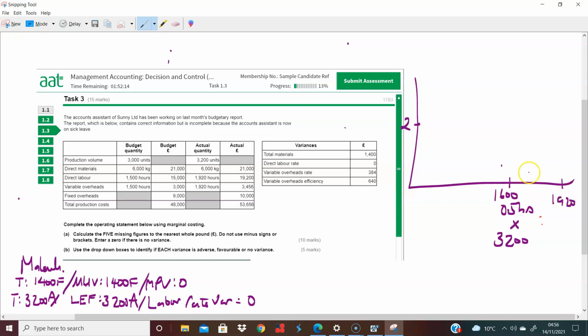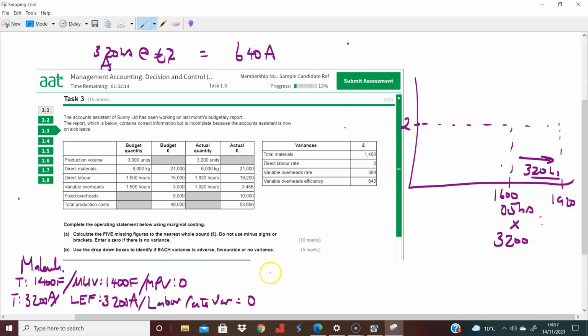Again, notice how this is very closely related to labor, but I'd like to do it separately so that you never get mixed up. There's no problem in that. So in terms of efficiency, what we have is 320 hours excess, 320 hours adverse at £2 an hour, and that takes us to 640 adverse, right?